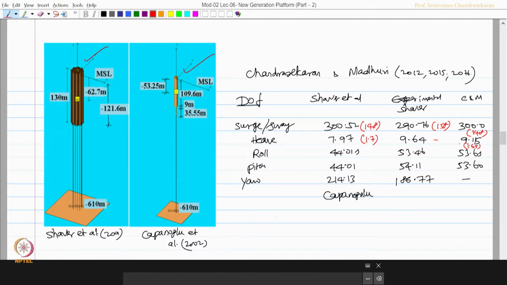In roll degree of freedom, this value was 35.2, this is 29.5, and Chandrasekhar et al. showed 28.61.